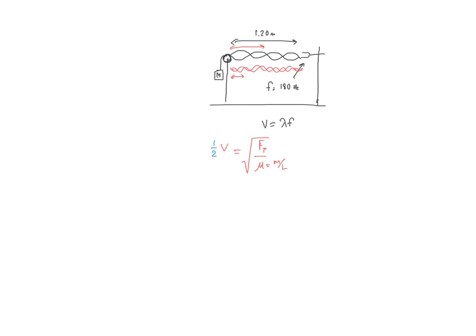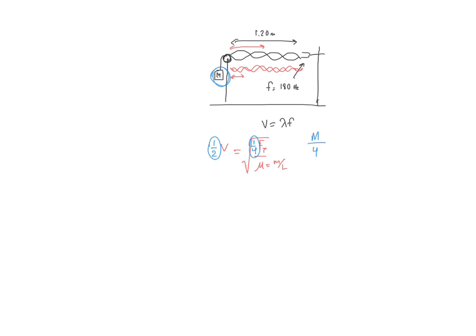Well, since tension is under the square root, that would actually be 1/4 as much, because when you take the square root of 1/4, you get 1/2. So the square root of 1/4, 1/4 of the tension, means that the mass would have to be 1/4 as much also. This hanging mass right here would have to be M over 4.